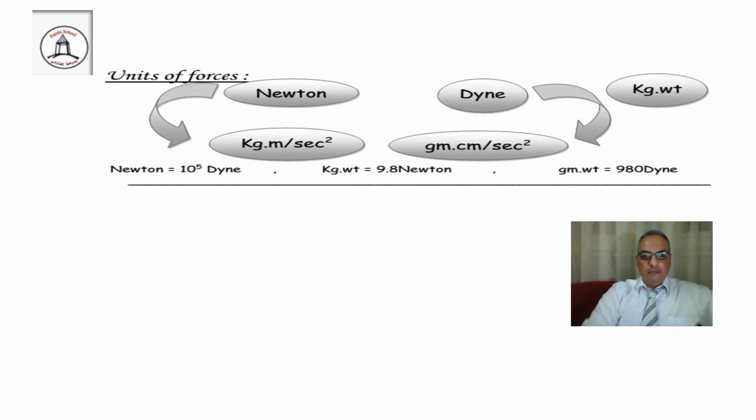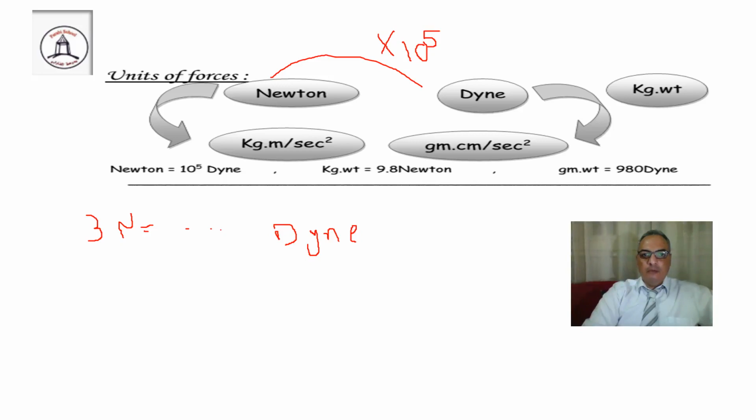For example, 3 Newton equals blank dyne. To convert from dyne to Newton or Newton to dyne, multiply by 10 to the power 5. Keep the units of measuring forces in your mind.